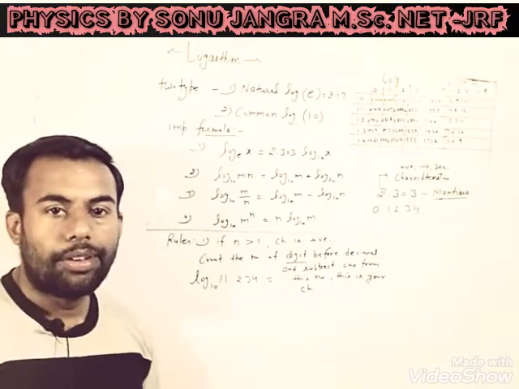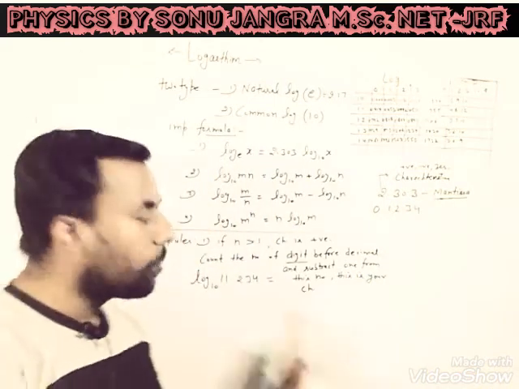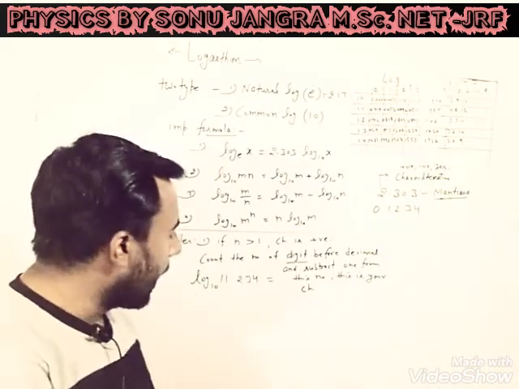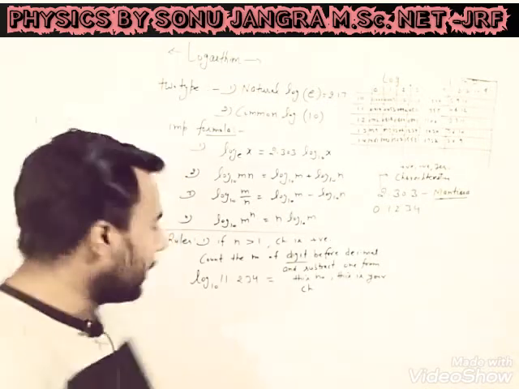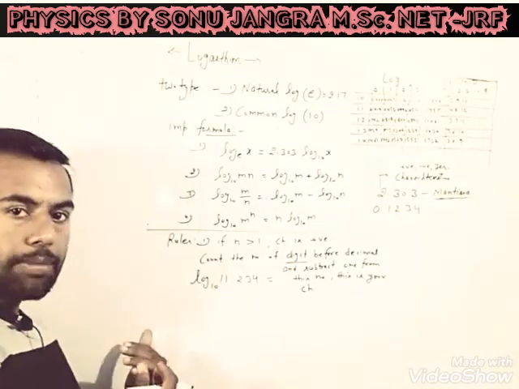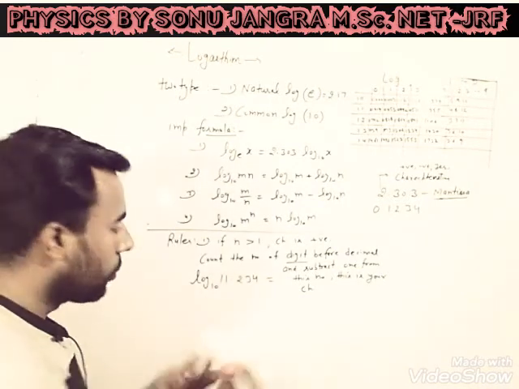Very simple rule. In any number which is greater than 1, count the number of digits before the decimal and subtract 1 from this number. This is your characteristic. So in this number there are 2 digits before the decimal, subtract 1 from 2, so 2 minus 1 is 1, so 1 is your characteristic.